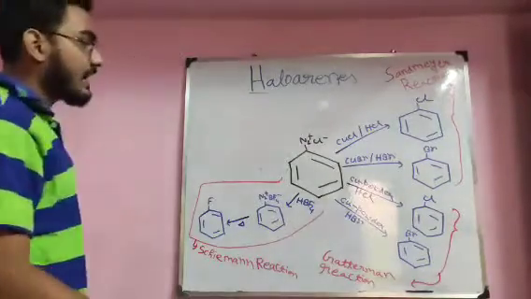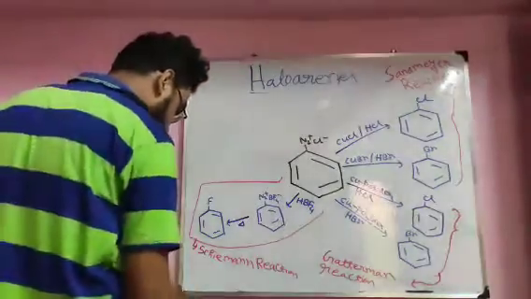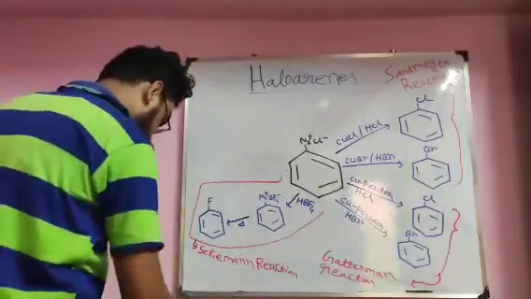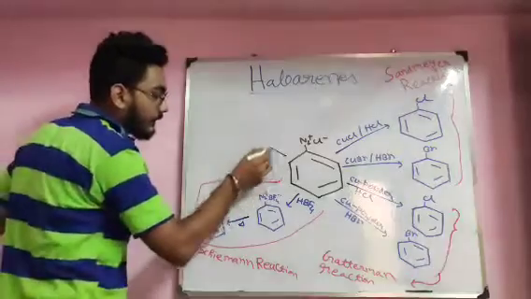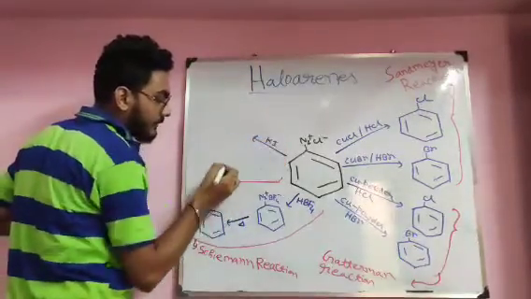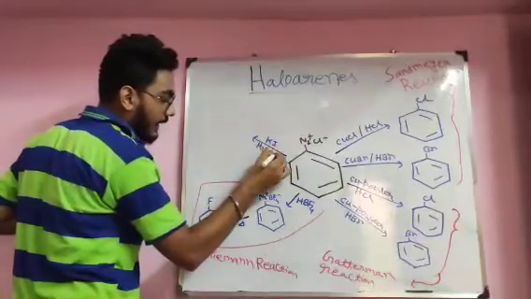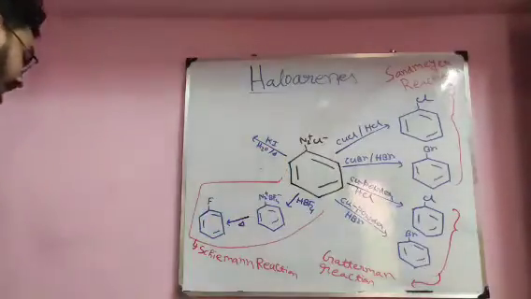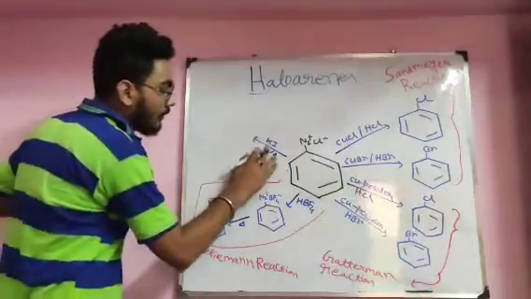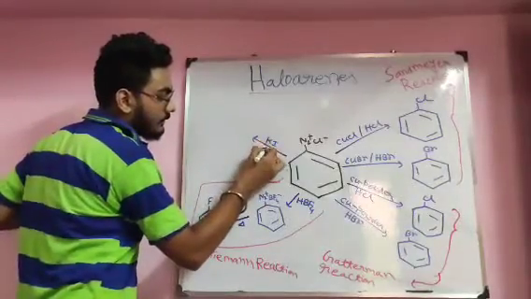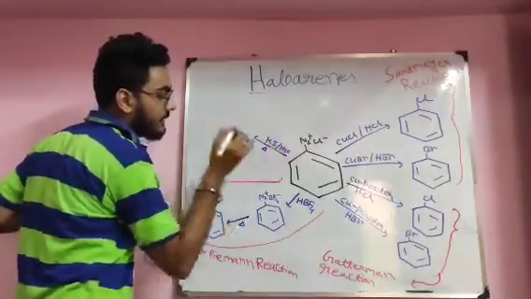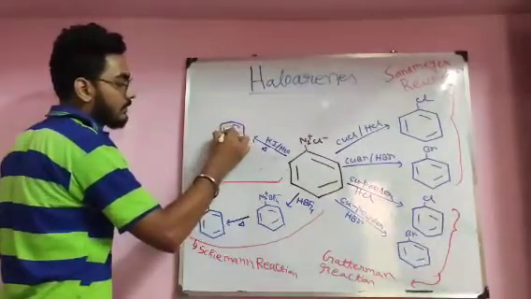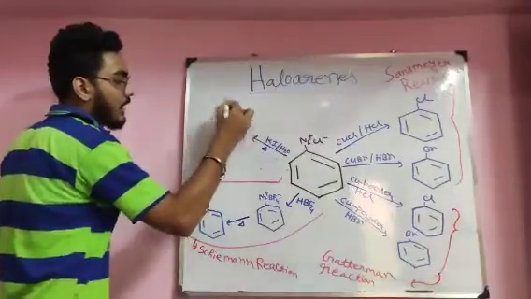Next is preparation of iodobenzene. If we give KI, potassium iodide, H2O and delta heat, then the product formed will be iodobenzene.